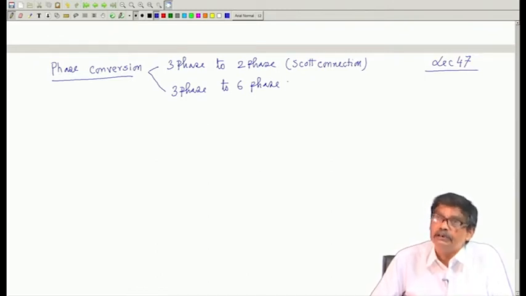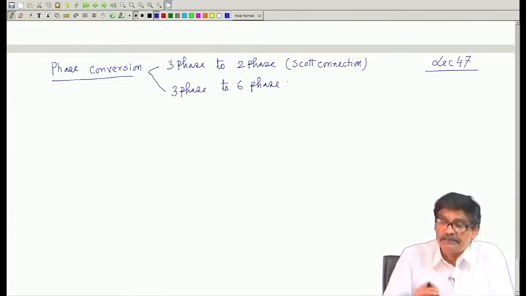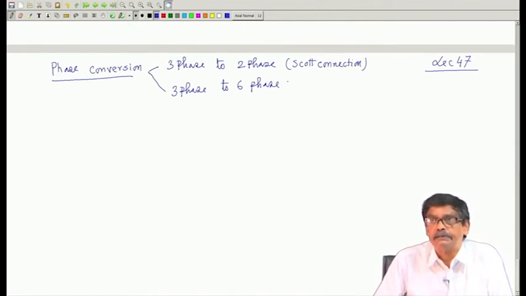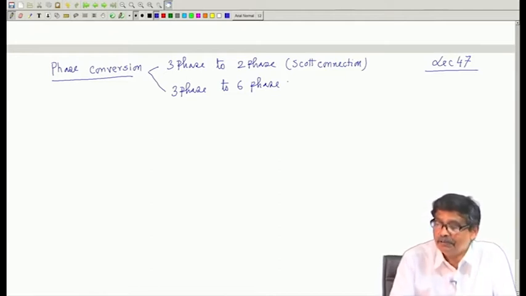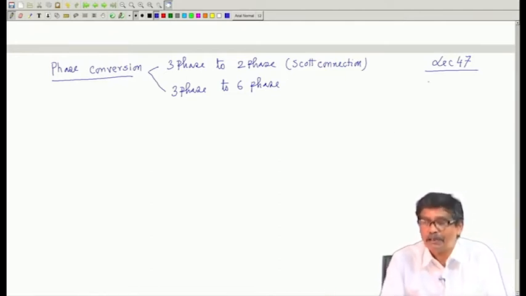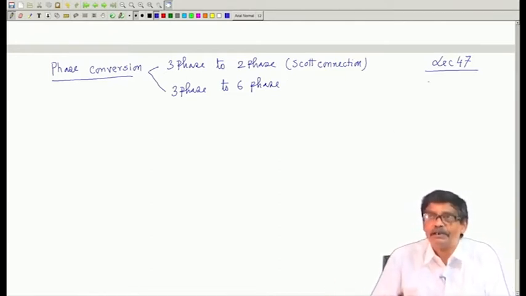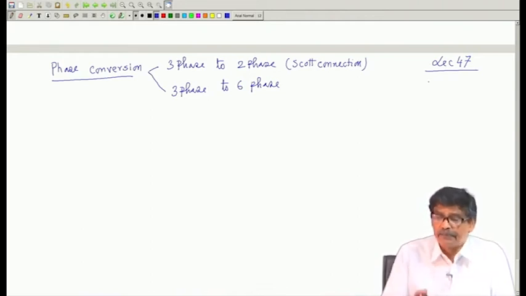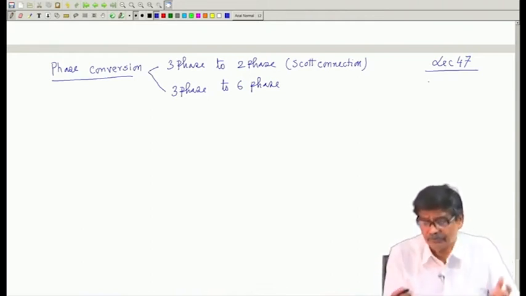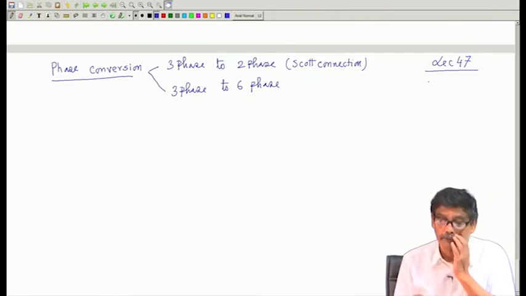But if you increase the number of phases for AC to DC conversion using diodes, 6 phase will always be better. You will get better DC there. The ripples available are not 120 degrees apart, every 60 degrees you will get something. Anyway, I will just tell you how to do 3 phase to 6 phase.